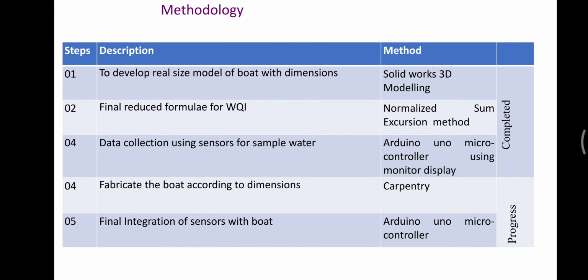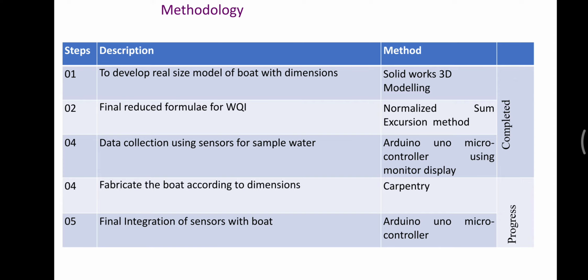So this is the methodology that we are following to complete this project. The completed things are the SolidWorks 3D model, the water quality index formula, which we are doing by the method of normalized sum of excursion.